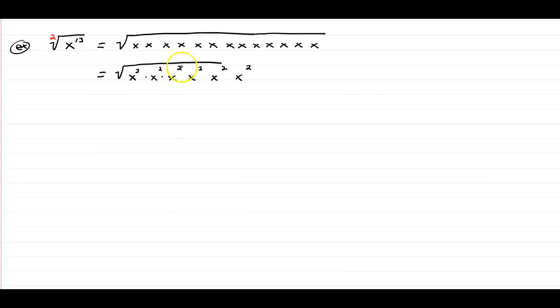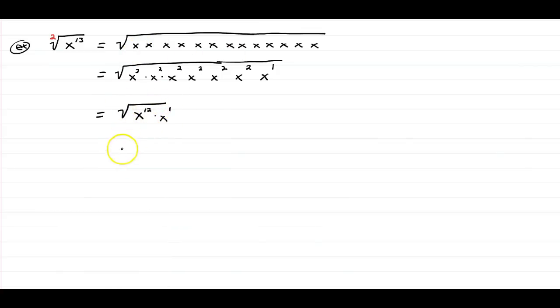So we have 2, 4, 6, 8, 10, 12, and so I would need one more x to the power of 1, so all my exponents add to 13. Or the way I would actually think about it is x to the 12th times x to the 1, because all 3 of these are equivalent. They all equal x to the 13th underneath.